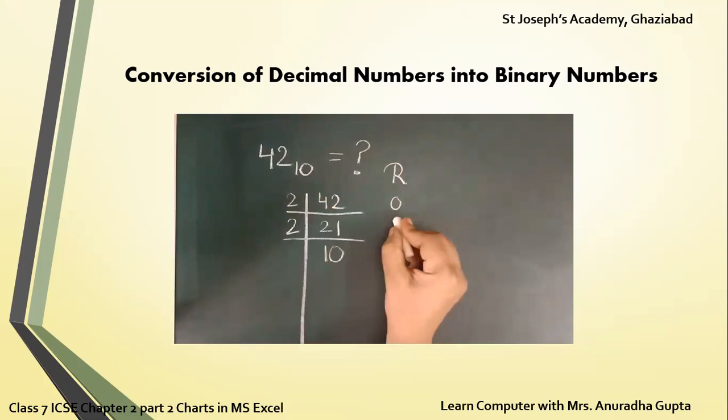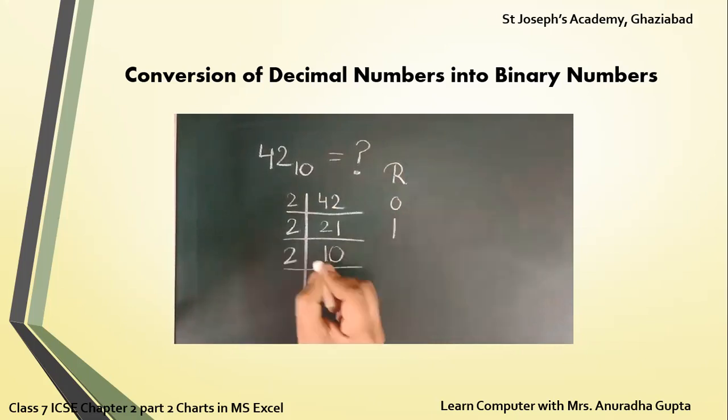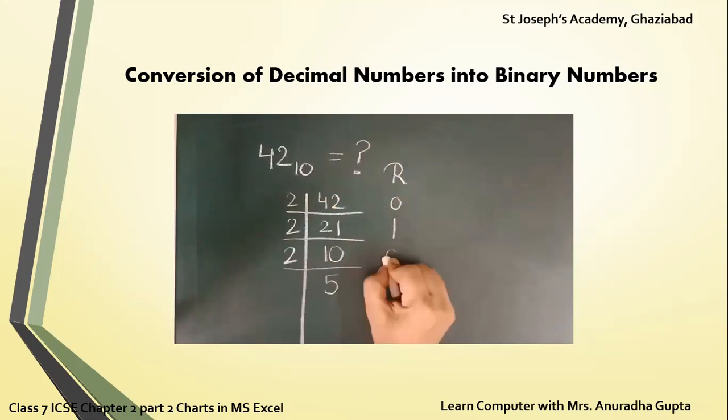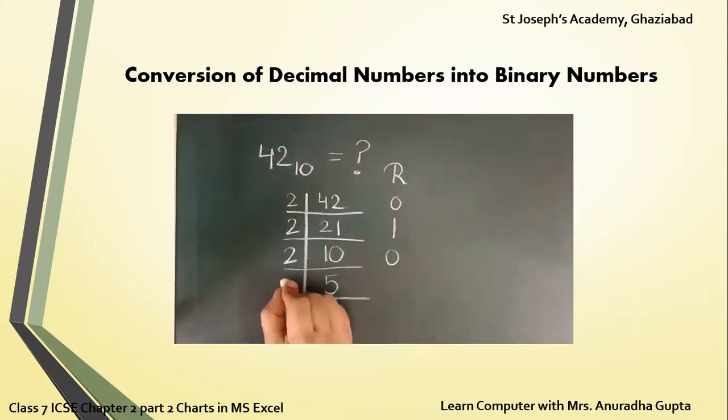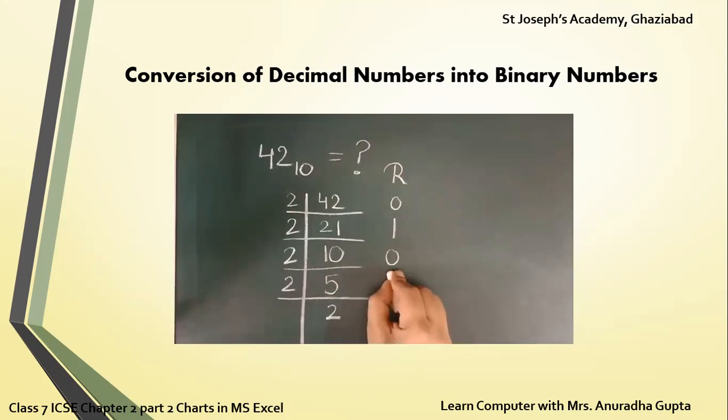Again we divide 10 by 2. We will get quotient 5, remainder 0. Again we divide, we will get quotient 2 and remainder 1. Again we divide, we will get quotient 1, remainder 0. We repeat this process till we get our quotient 1.